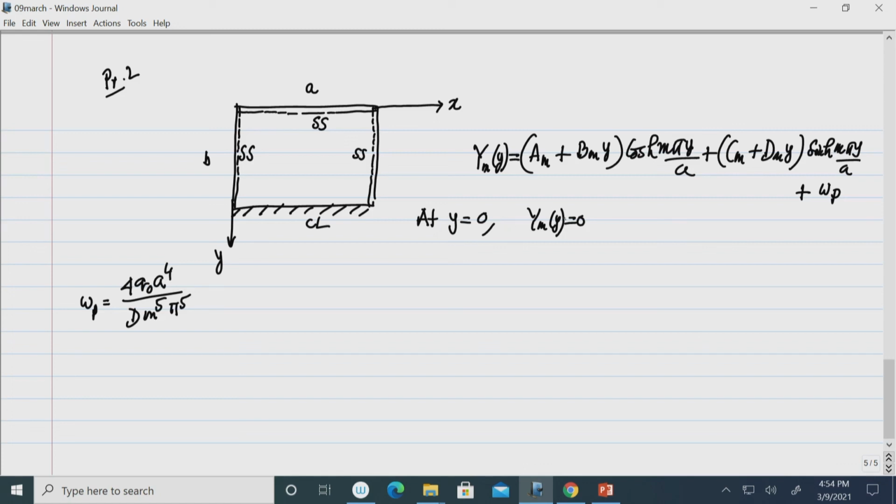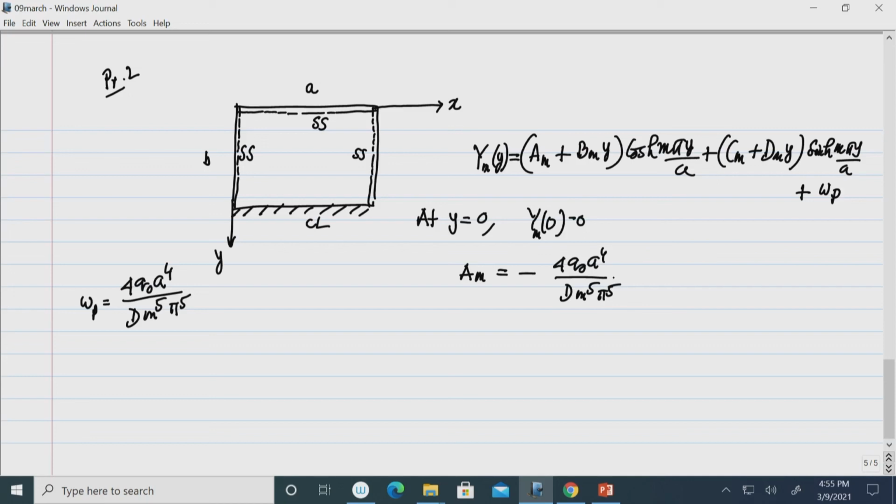So, at y is equal to 0, Y m at 0 is 0. Substituting y is equal to 0, because cosh 0 is 1 and sinh 0 is 0, we get here A m, and this term will vanish, equal to minus 4 q naught a to the power 4 by d m to the power 5 pi to the power 5.